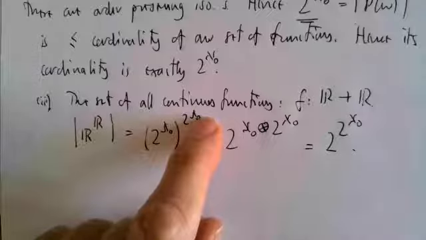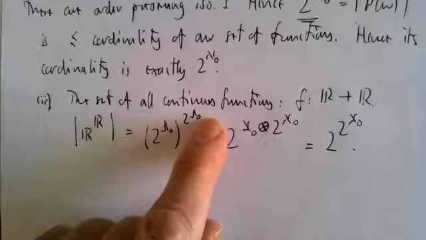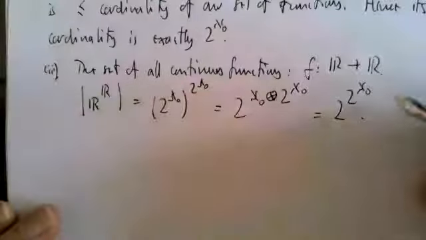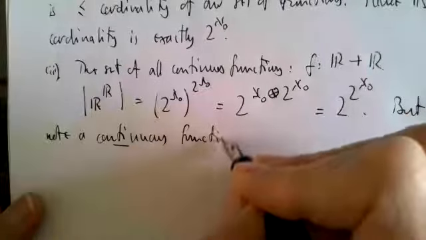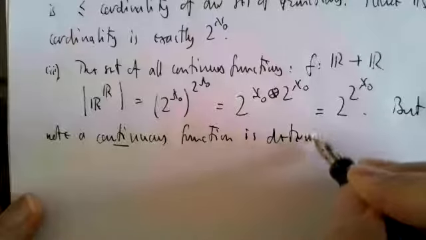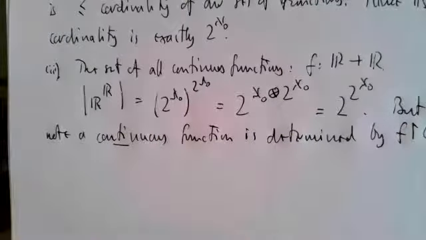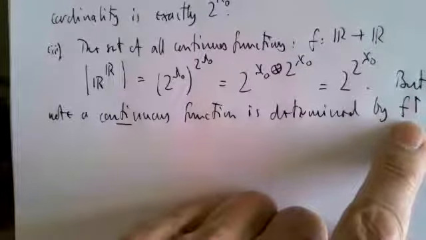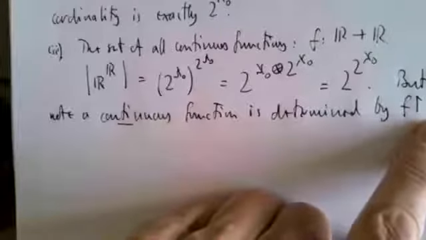And the point is that a continuous function is actually determined by its action on the rationals, because for an irrational, the value of the function at the irrational is just the limit of the values of the function on any rational sequence approaching it.